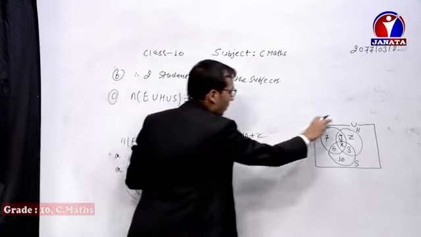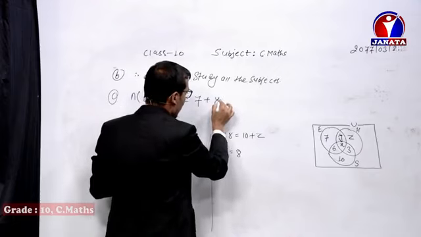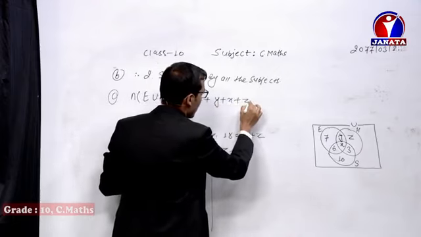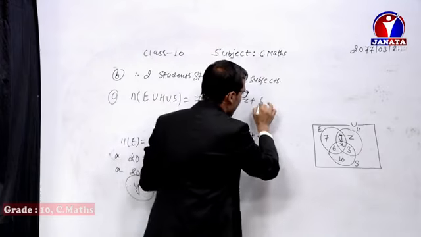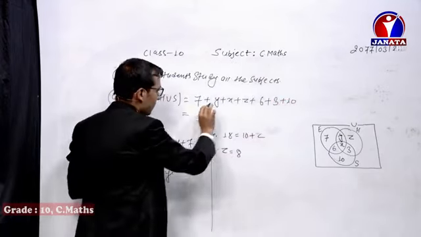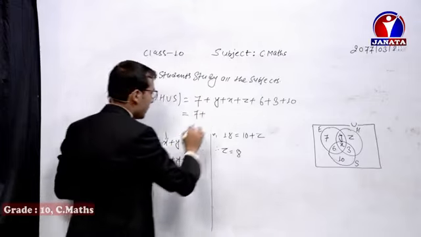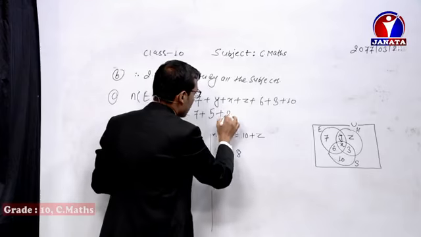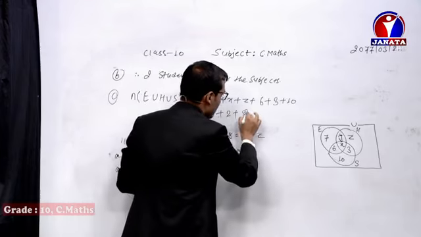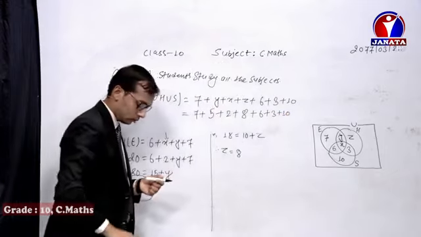Let's add all the numbers: 7 plus y plus x plus z plus 6 plus 3 plus 10. Replacing the values, y is 5, x is 2, z is 8.